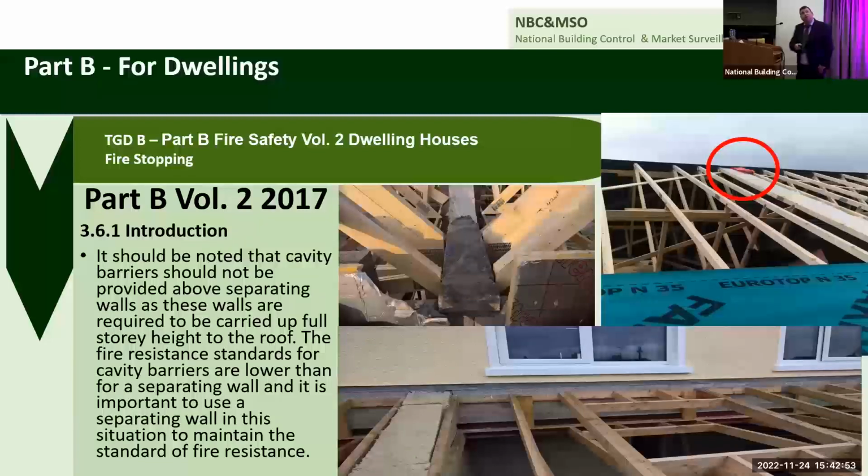Timber frame guy here that had no rock wool, and he tried to put in cavity barriers on the separating wall. And if you go to volume 2, it should be noted that cavity barriers should not be provided above separating walls, as these walls are required to be carried up full story height to the roof.